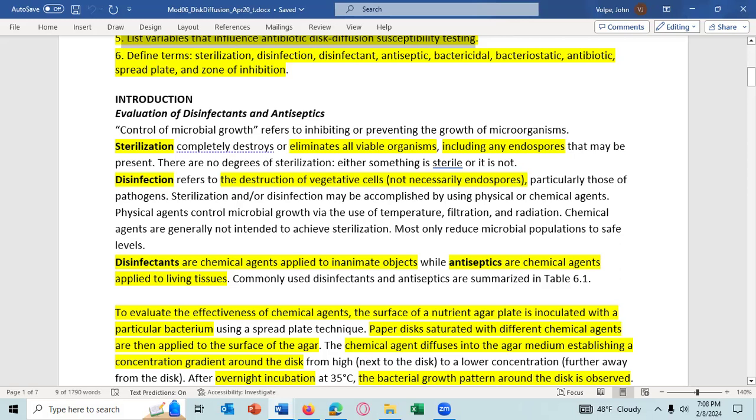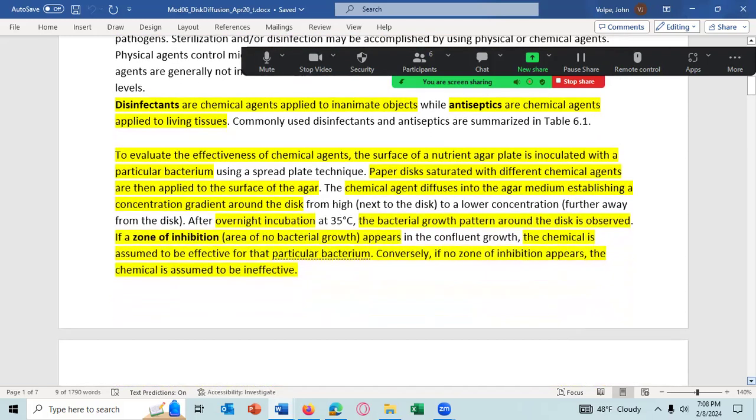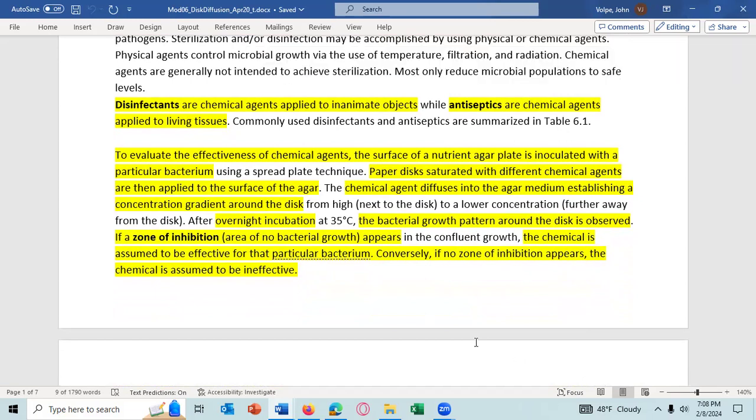You then incubate the plate at 35 degrees Celsius and look at the bacterial growth pattern. If you find a zone of inhibition, an area of no bacterial growth around the disc, you can assume at the very least that the chemical is somewhat effective against that particular bacterium.